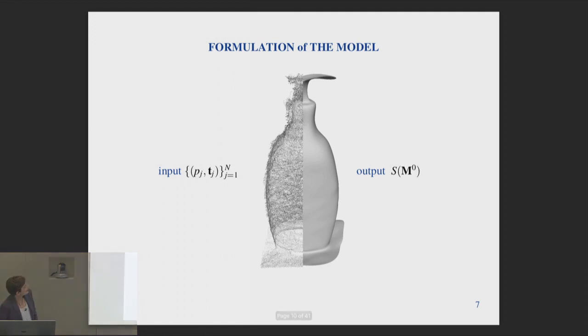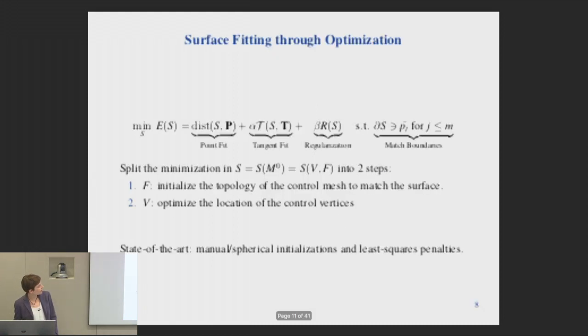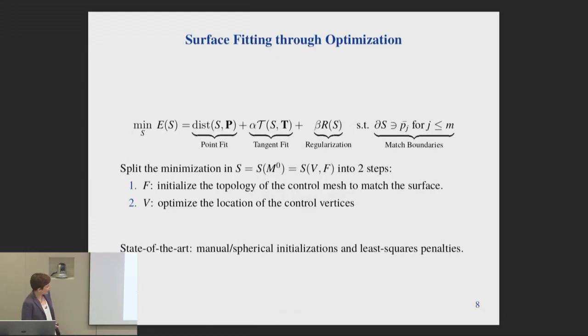Now, the main bulk of the work went into fitting a subdivision surface to a noisy point cloud. The input of our algorithm is a set of points and some normals attached to them. Those are all noisy, both the points and the normals. The output that we want is a surface parameterized with the control mesh of our subdivision surface. We solve that by formulating the problem as an optimization with 3 terms. The first term says that for each point in your sample, you want to fit the surface through these points.